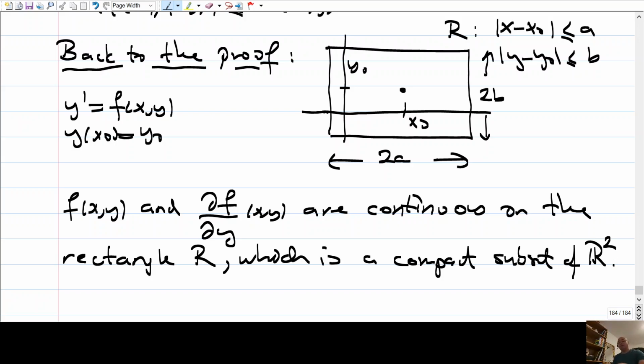Both of these functions are continuous on this compact subset, therefore they have maximum values.